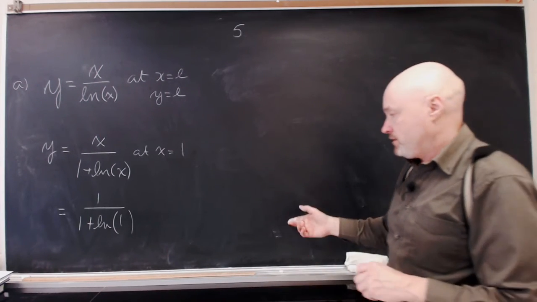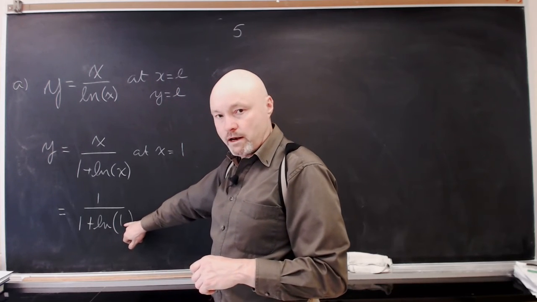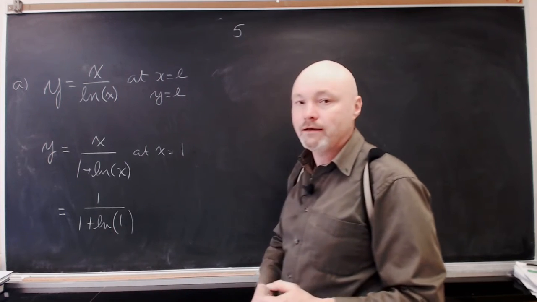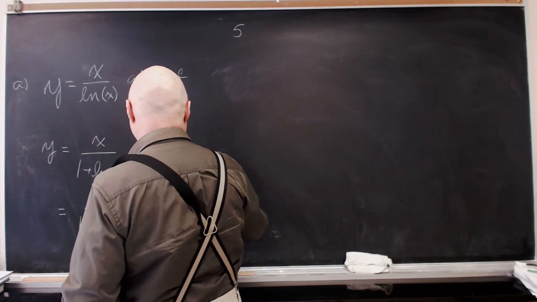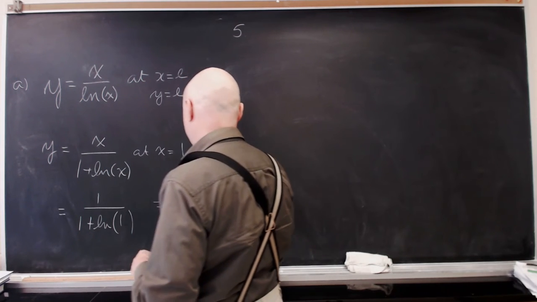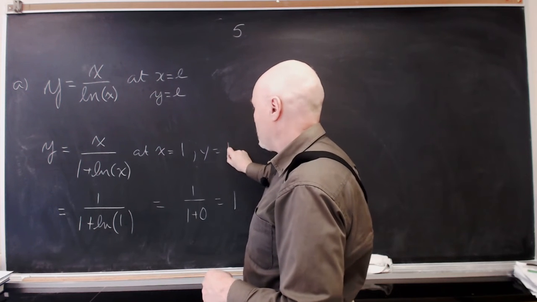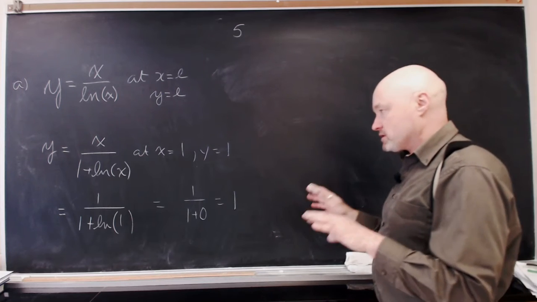Okay, so e raised to some exponent is equal to 1. What exponent? Anything raised to what exponent is always equal to 1? It's 0. And so this simplifies to 1 over 1 plus 0, or 1. So x is equal to 1, y is equal to 1. There are the x and y coordinates for our point slope form.